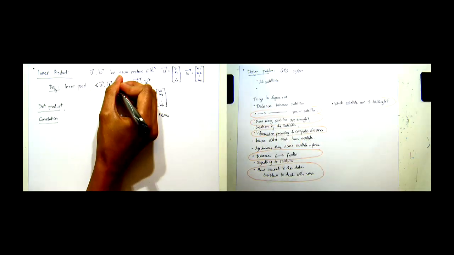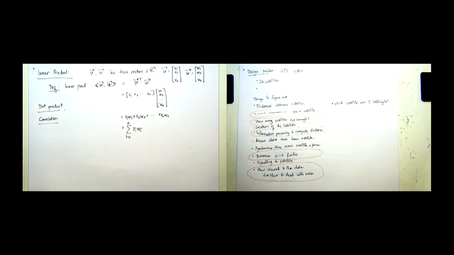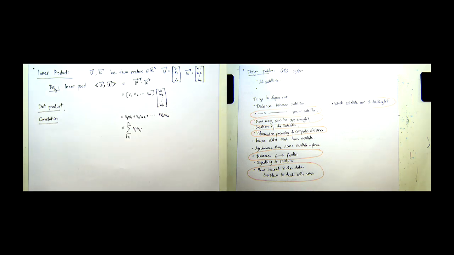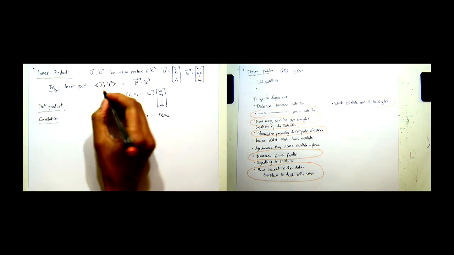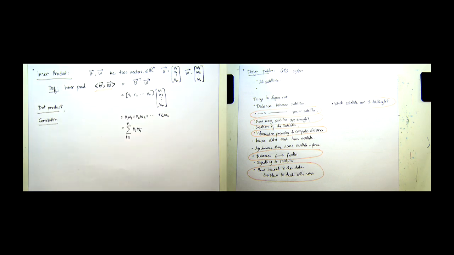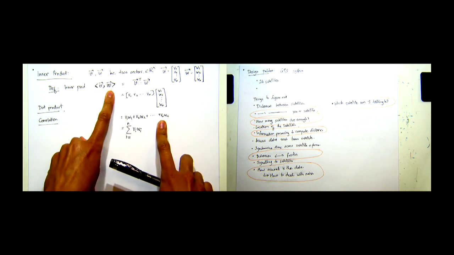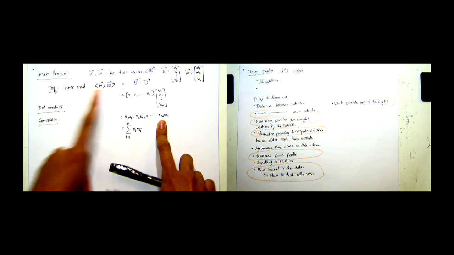Yes, question? So for inner product, is there a notation, like for multiplication you have the X? Yes, good question, this angle bracket notation is what we call an inner product. What is something that you can notice about this immediately? What would happen if instead of writing V comma W, I wrote W comma V?